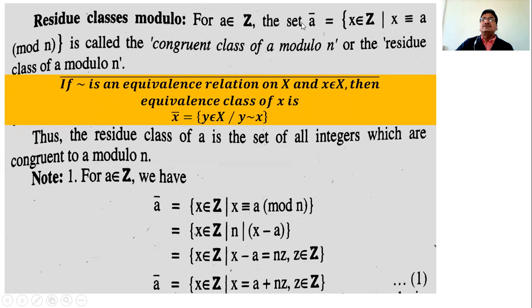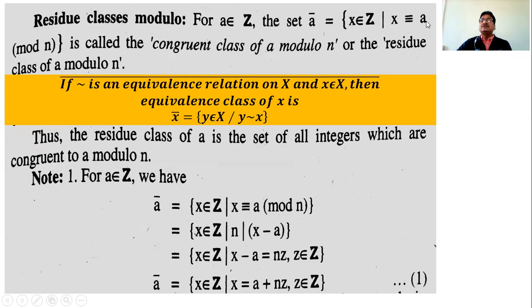So it is the set of elements from the same set, that is, x belongs to Z such that x is related to a. That is, the elements of Z which are related to a belong to a bar. What is a bar? a bar is the set of elements from the set Z that are related to a.